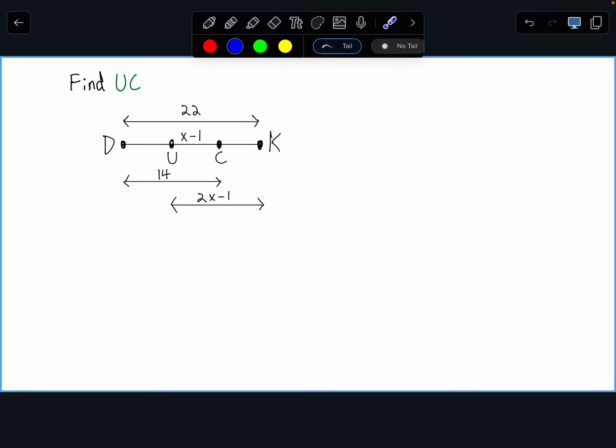X minus 1. So when I write this, I'm looking to say, okay, so DK, that's the whole thing, because I know what that is. That equals DC plus UK but then I have to subtract out UC because they overlap.